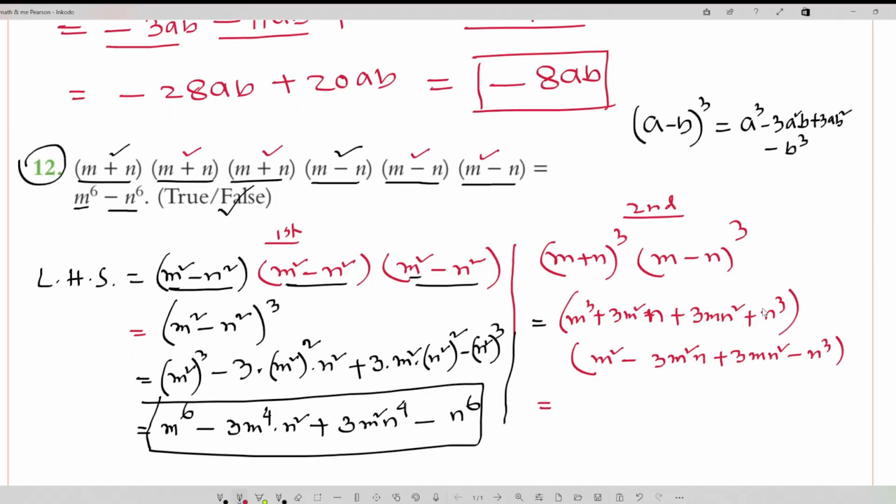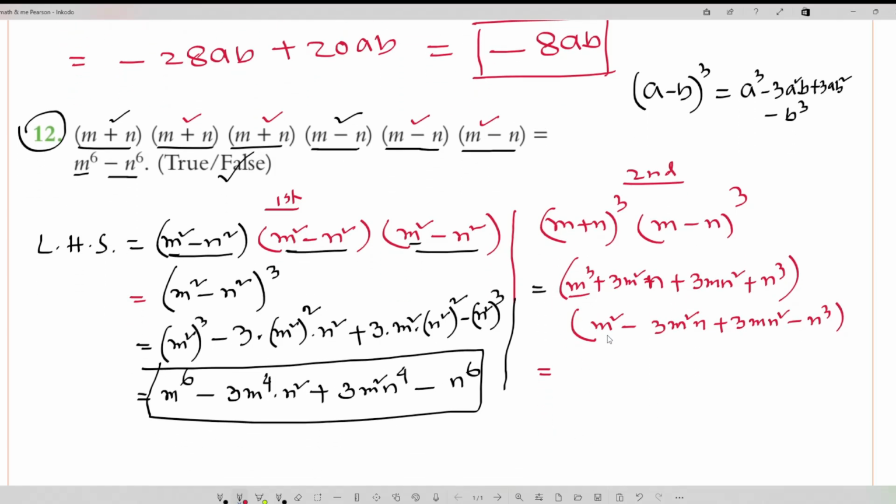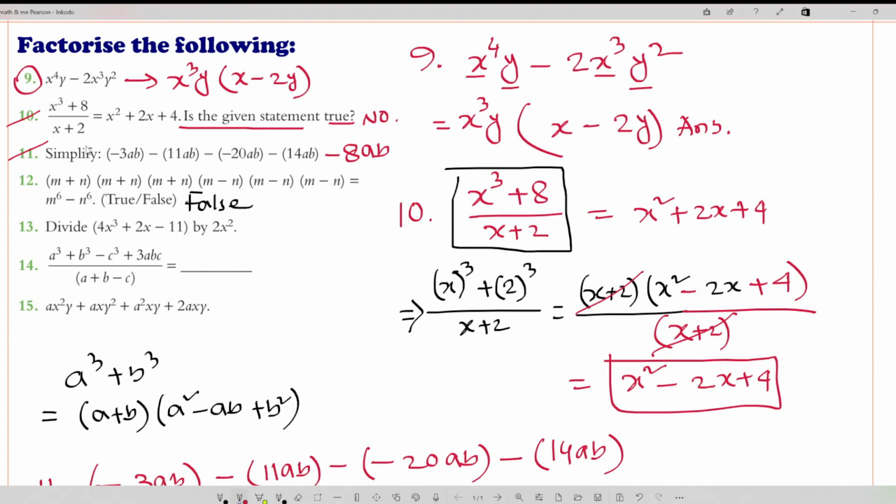Now look, here is m cube and here is also m cube. So once we multiply, it will become like m to the power 6, and once we multiply each thing, the result will be like this, but it will become very big. So if you want, you can check, the result will come like this and the statement should be false. Okay, so number 12 done.